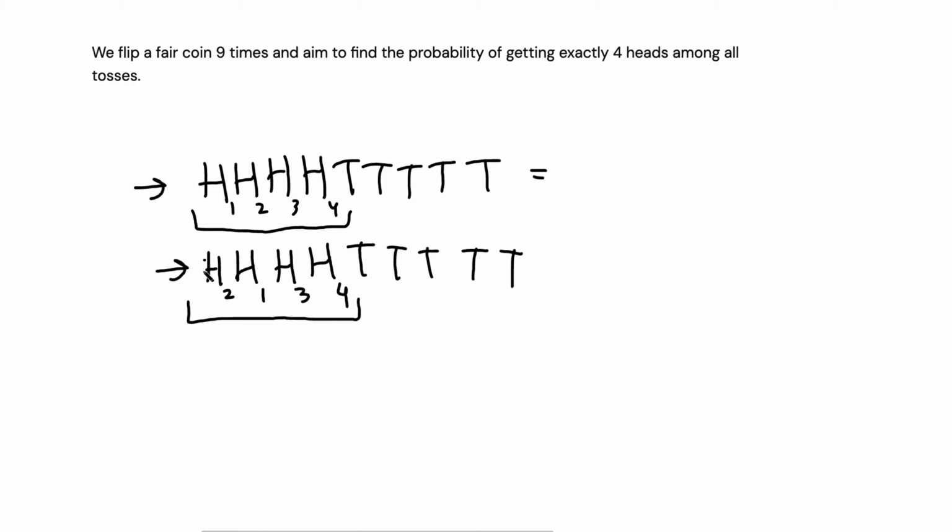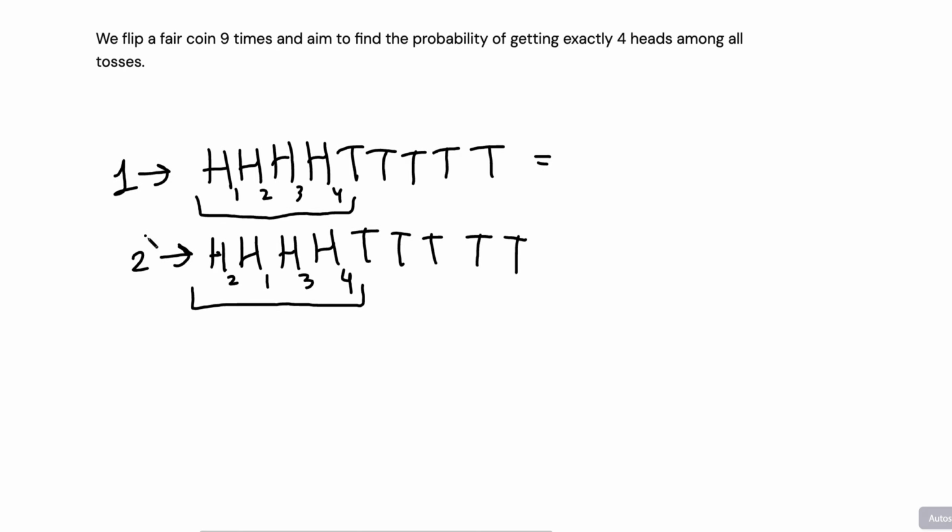It doesn't matter which coin produced a head. All that matters is we found a head. And the reason why I bring this up is because as you're counting stuff, it's important to make the distinction between distinguishability and indistinguishability. So this is a perfect example of indistinguishability because permutation 2 is the same as permutation 1.